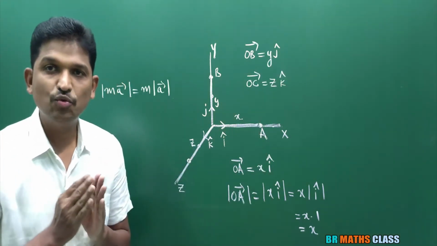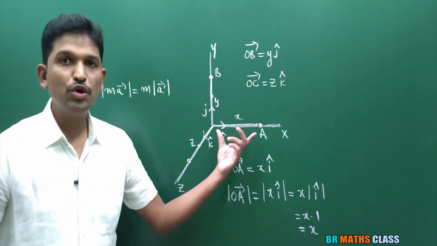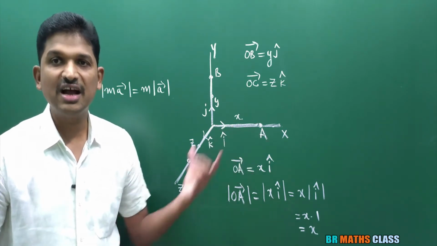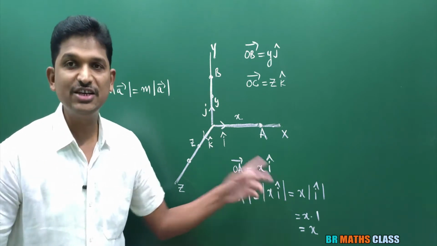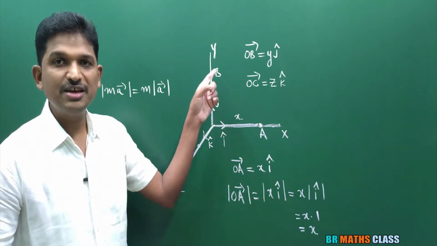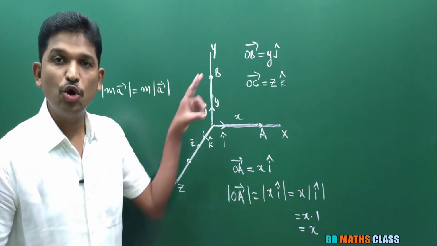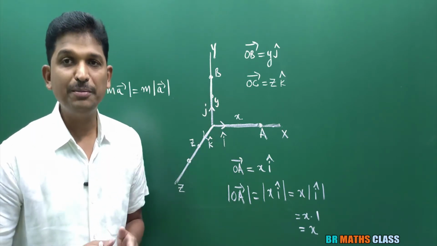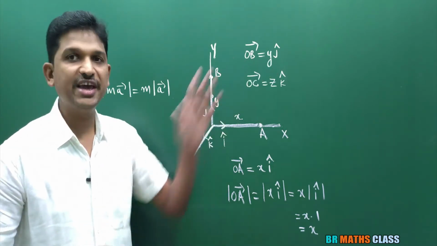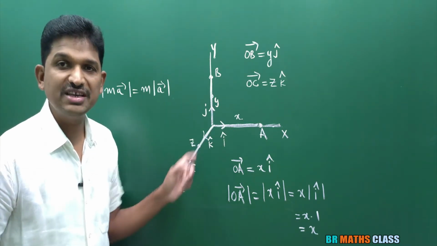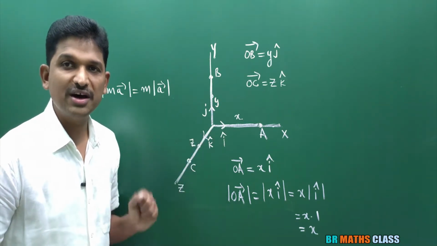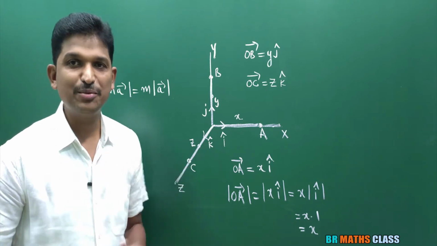So finally what I want to say: if you know that A is a point on the x-axis and OA equals x, then OA bar can be written as x into i cap. If B is a point on the y-axis and OB equals y, then OB bar can be written as y into j cap. If C is a point on the z-axis and OC is z, then OC bar can be written as z k cap.